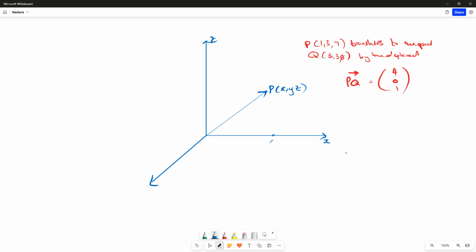It would have a y component of 3. This is not accurate. And it would be moving up by 7, such that if we take those two points and lift that point up, it would end up there.